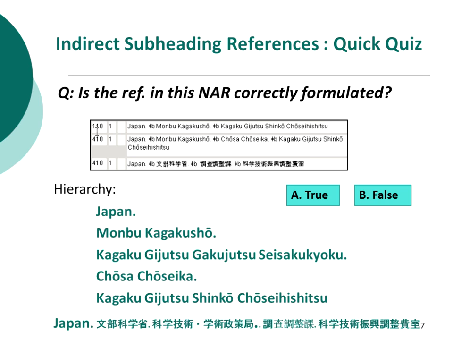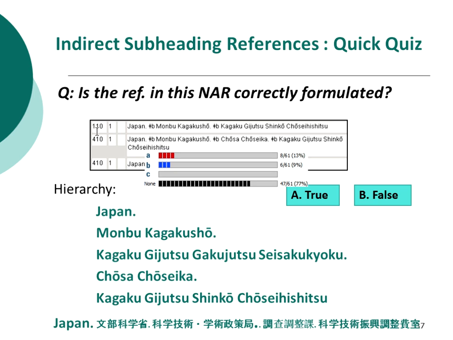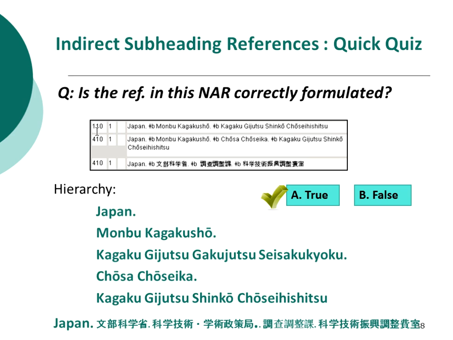Okay, we can go ahead and publish our result. The majority has chosen A for true. As you are still thinking through, the correct answer is A. The cataloger did provide a correct cross-reference for the indirect subheading.